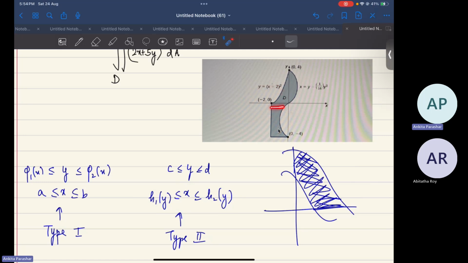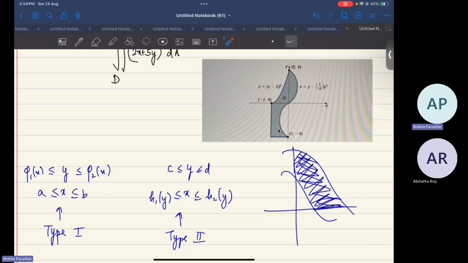So phi 1 prime, and phi 2 is the same. Therefore, my x limits are not constant. These two functions, h1, are being defined only for half of the domain. Half of the domain has a different h1. This is therefore not type 2. Fully, the graph is not a type 2 graph.